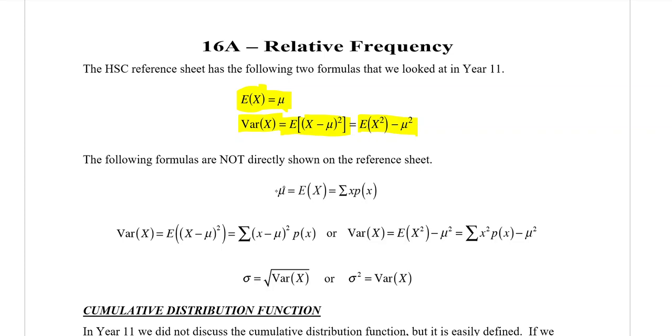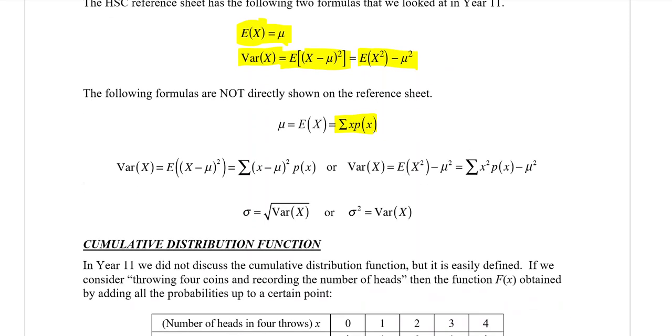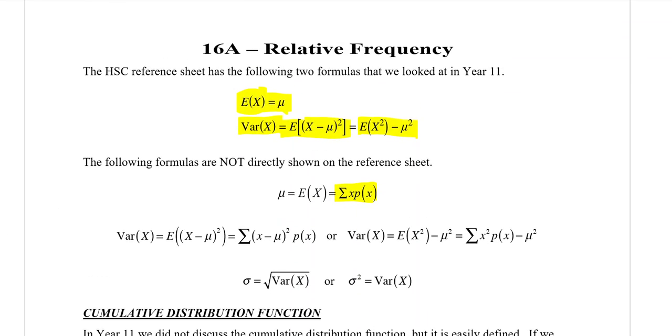The expected value of x, we know that that's mu, but it's also the sum of x times p of x. Okay, so if you're using your table, your x times p of x, that's like summing up all of your scores in the table. Variance, we've talked about the first.